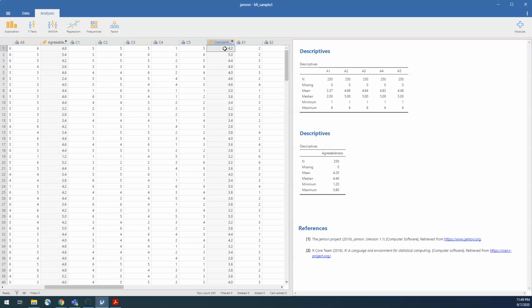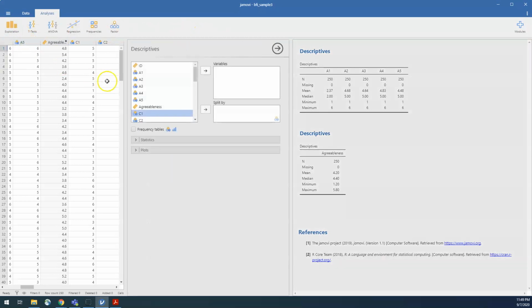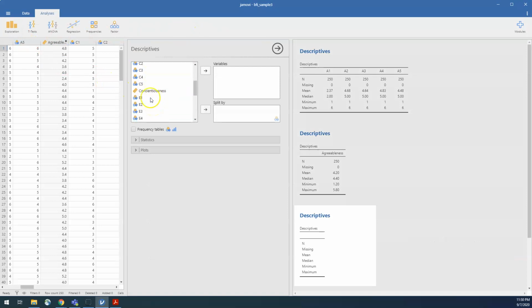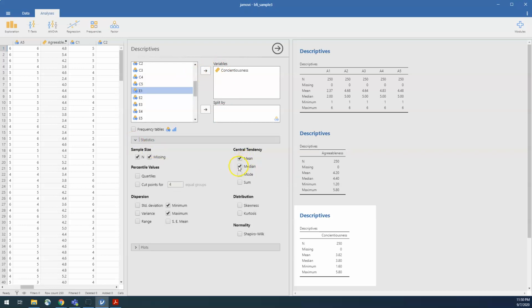So I'll show you first conceptually how you might do this. This is not the actual way that I want you to compute it in real life. I'll show you that in a second, but just so that we understand conceptually, I'm going to run an analysis here on conscientiousness. So I'm going to go to Descriptives, take this conscientiousness score, plot it over here, and I want the statistics of the mean, not the median, and the standard deviation, because that's what I need to compute a z-score.